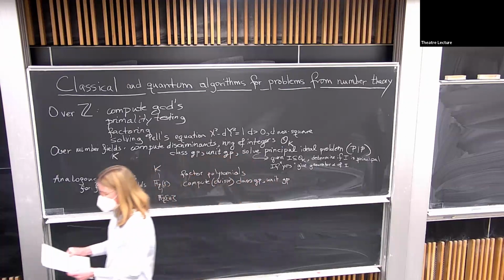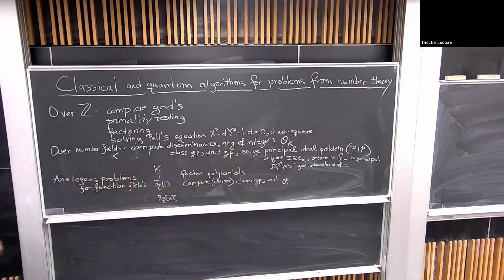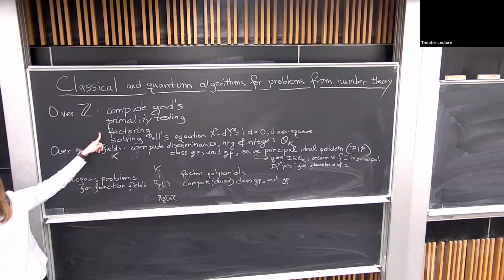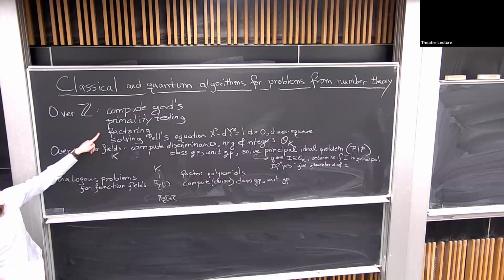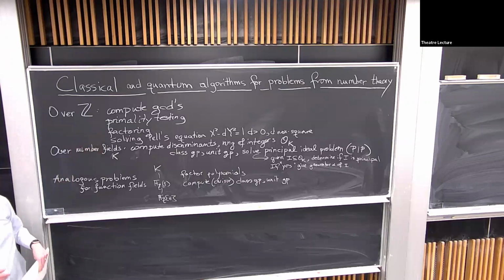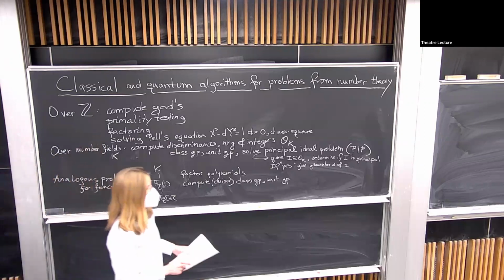And François, in his talk yesterday afternoon, told us what the classical situation is for factoring, and also alluded to the quantum algorithm for factoring, which is probably the most well-known quantum algorithm.